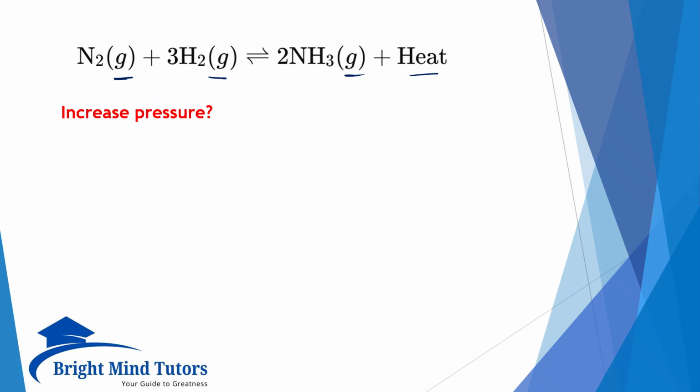Let's say total moles of gaseous components on the reactant side. How many are that? Just look at their stoichiometries. If there is nothing, there is always one in chemistry.